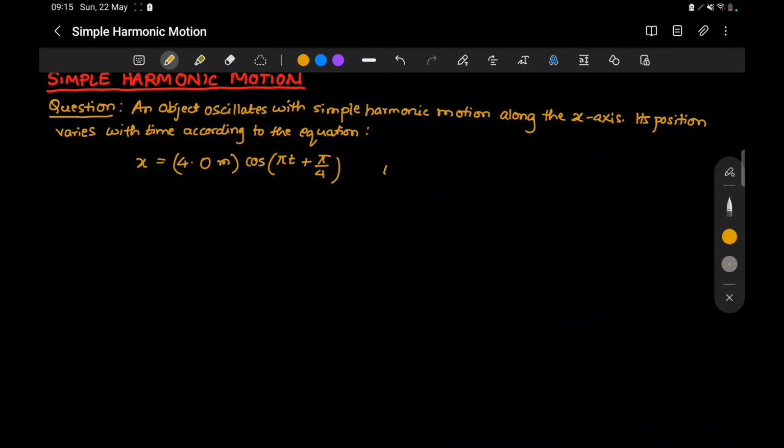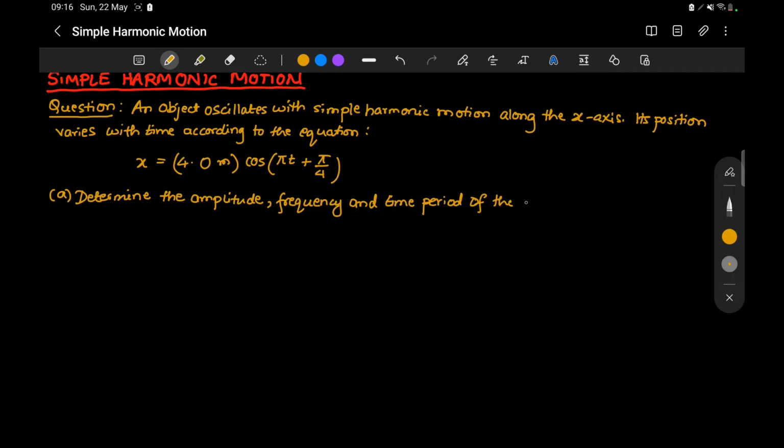Now in this question, we are supposed to determine the amplitude, frequency and time period of the motion.